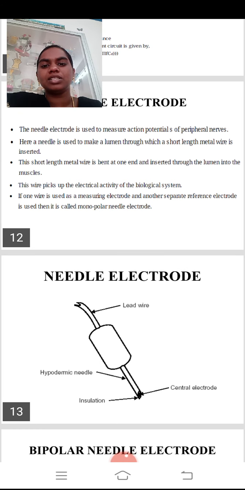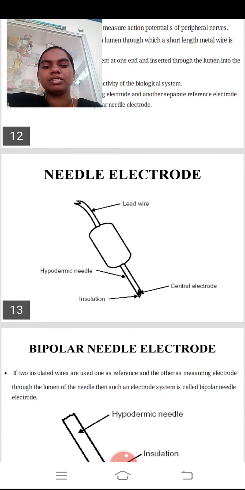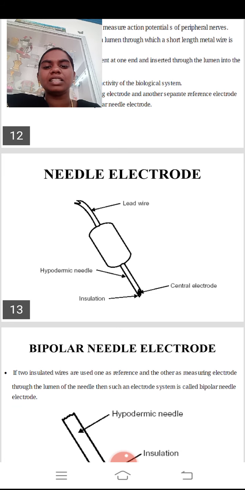If one wire is used as a measuring electrode and another separate reference electrode is used, then it is called a monopolar needle electrode. Here the figure shows the needle electrode arrangement. In the bottom side we have the central electrode and insulation part. Here the needle arrangement is placed.